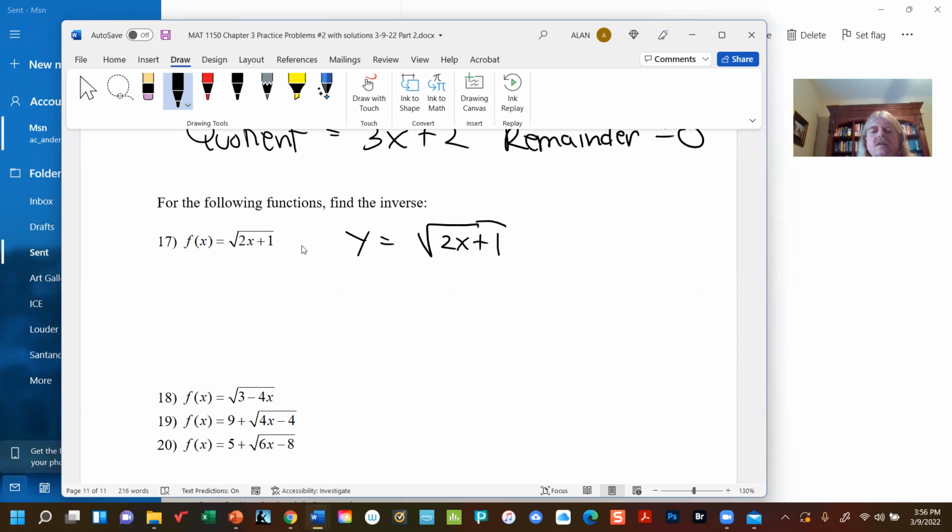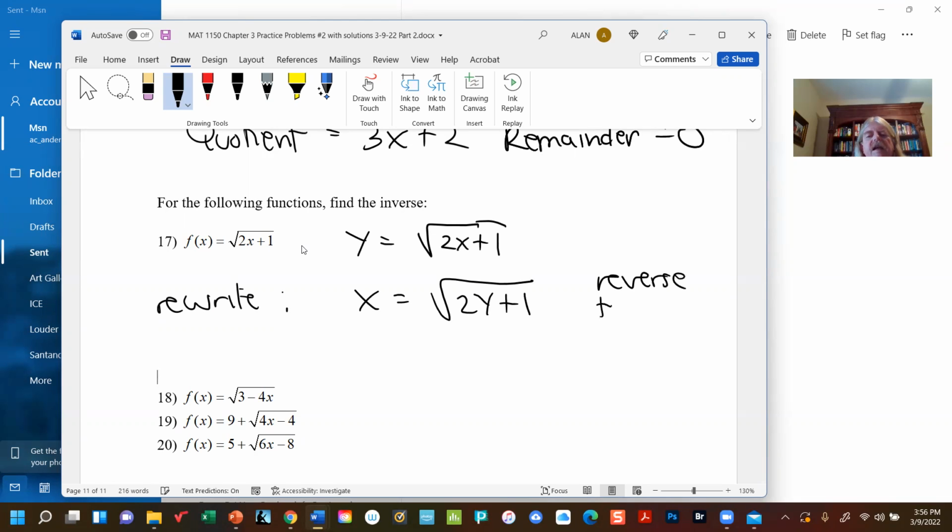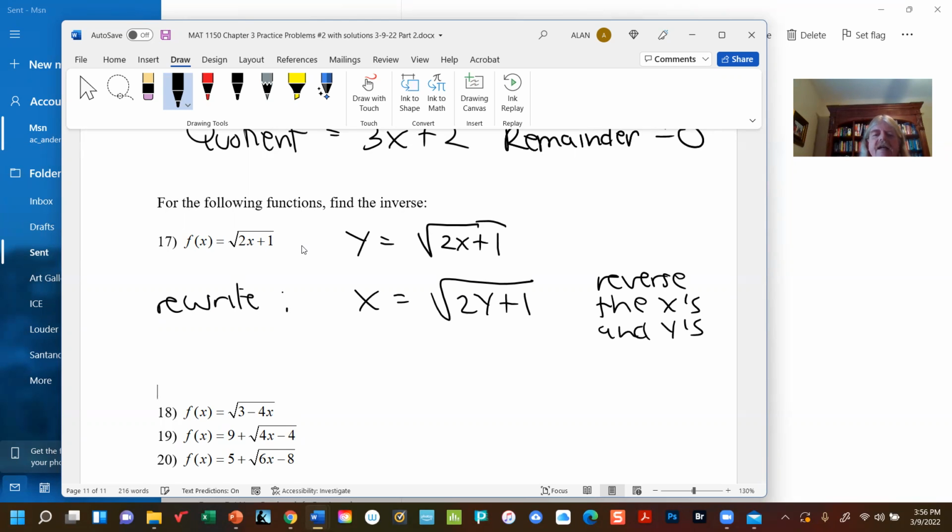Okay, so in other words, you can rewrite this as, reverse the x's and y's, and now solve for y.